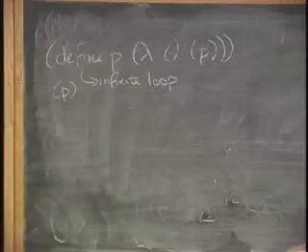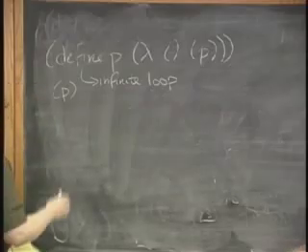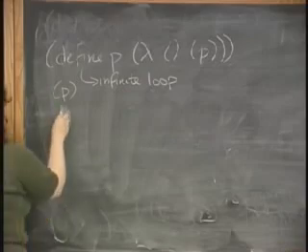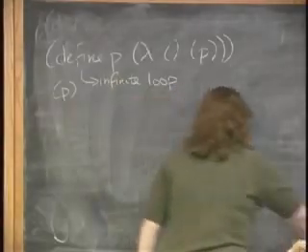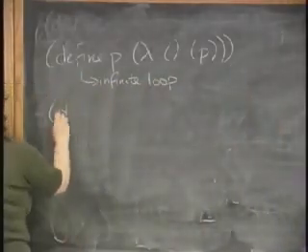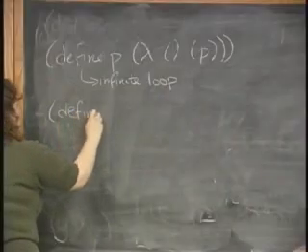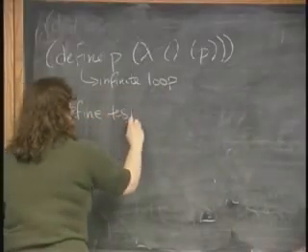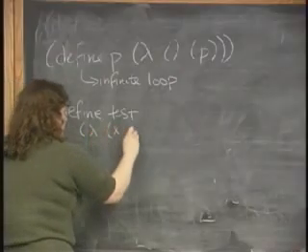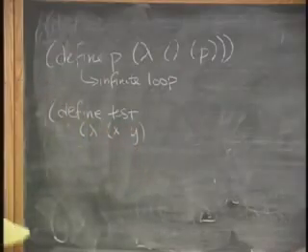So let's say we wrote an infinite loop. What we want to do is figure out if we're running in normal or applicative order. So let's write a procedure called test. Test is going to take in two arguments, x and y.